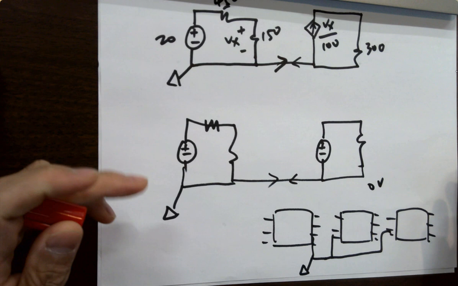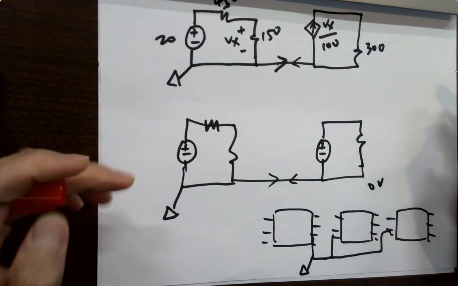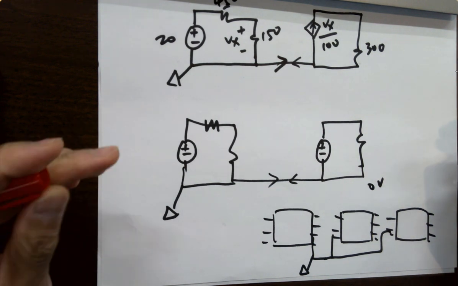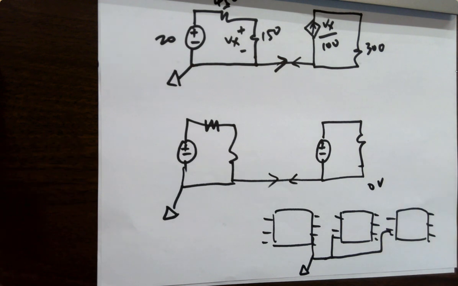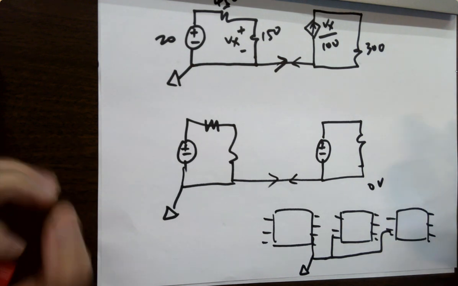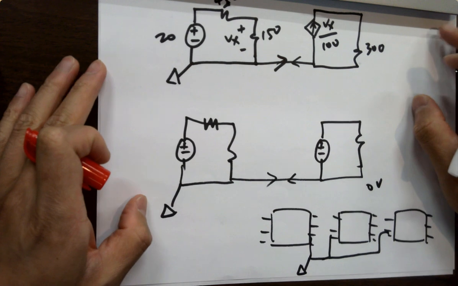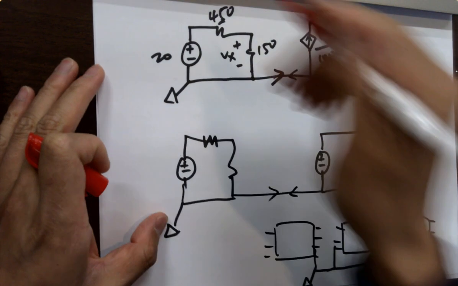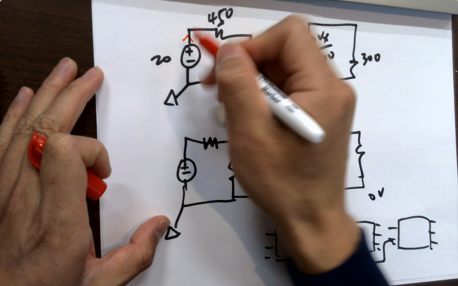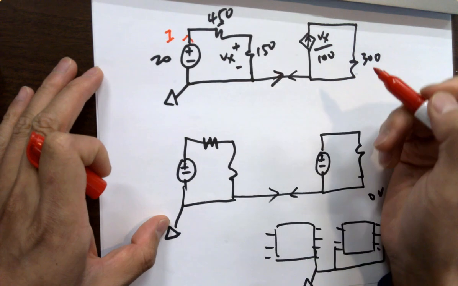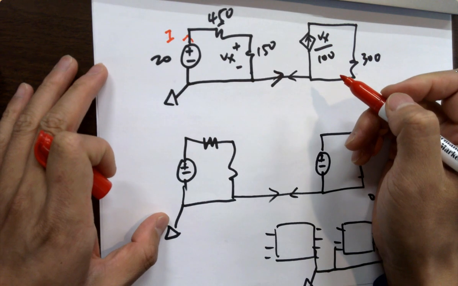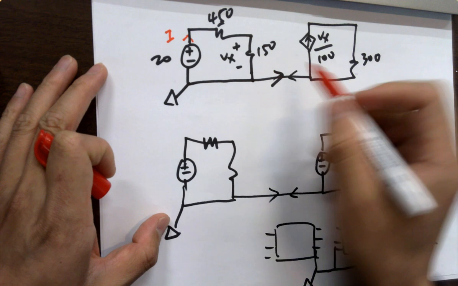See? Such a simple question really gets you, right? I think it's the same for other sections as well. If you pick up a student from other sections, it's going to be the same thing, right? Never thought about it. So what's the current here? I can assume it's I, okay? It's the same circuit.